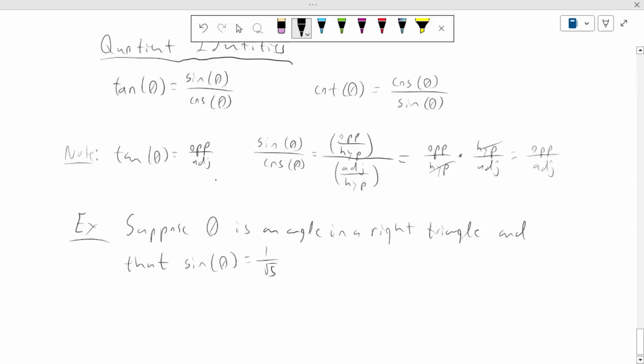I don't like leaving it like that, so I'm just going to go ahead and rationalize it now. Square root of 5 over square root of 5. So we get square root of 5 over 5, just an alternate way of writing sine of theta.